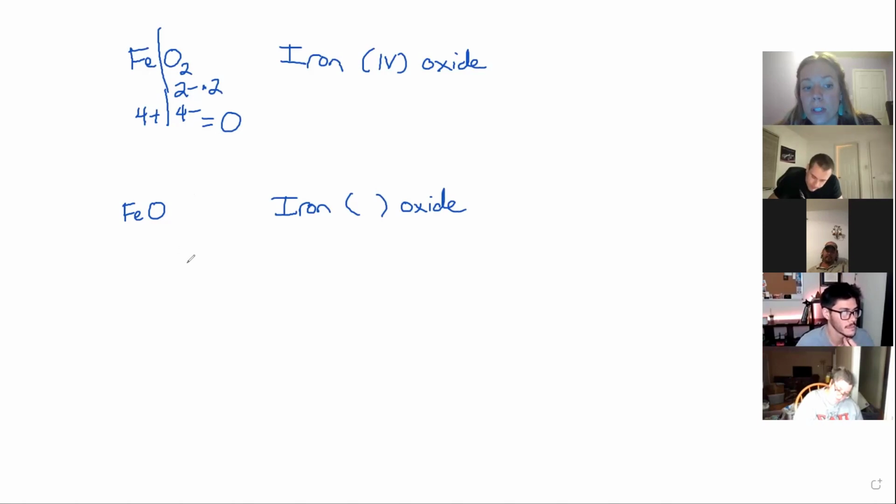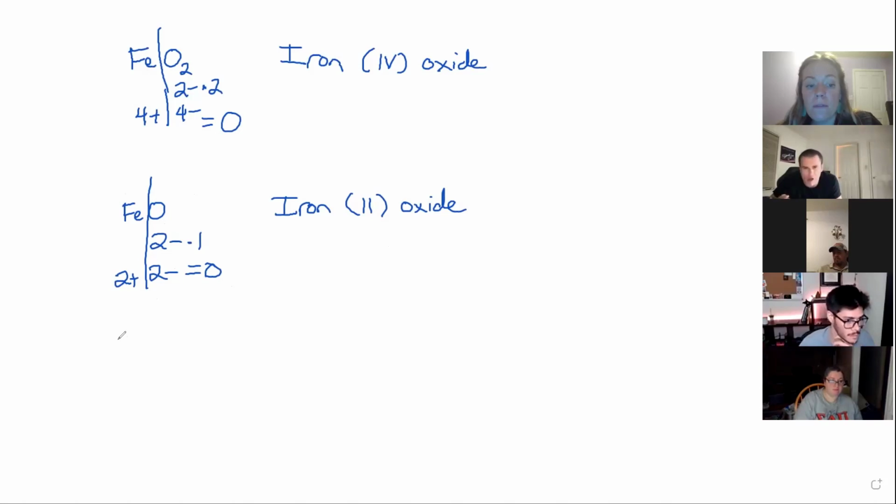The overall charge still needs to equal 0. Let's cut it in half. Oxygen always has a 2- charge. That doesn't change. How many oxygens do I have? I only have 1. So we multiply by however many I have, which is 1, and my overall charge is 2-. So what does the iron have to be to balance out a 2-? It needs to be a 2+ charge. So this would be iron(II) oxide.